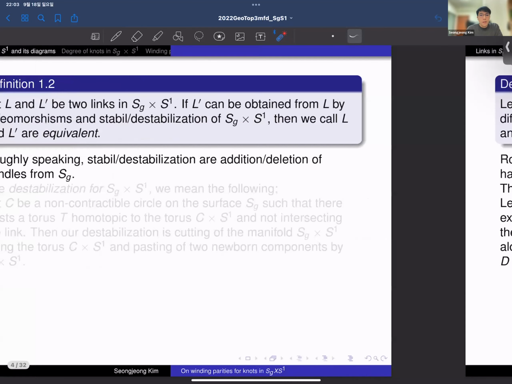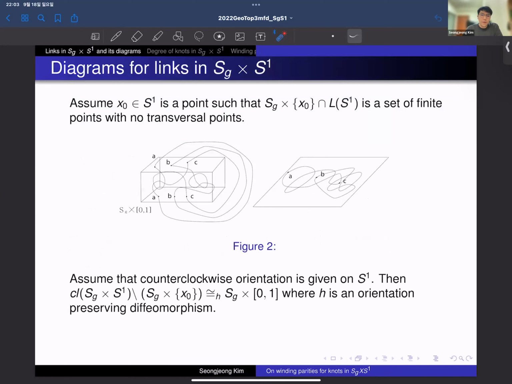And now let's see how we can construct diagrams from links in surface times S1. The idea is very simple. We fix one point x0 in S1, and we cut surface times S1 at surface times x0, and then stretch it. Then we get surface times [0,1], and the link becomes the union of finitely many arcs and finitely many closed curves.